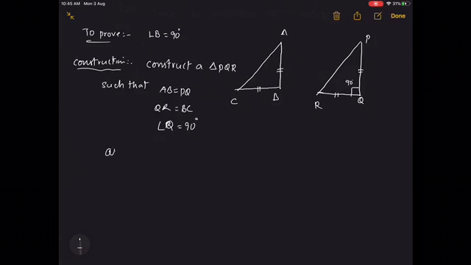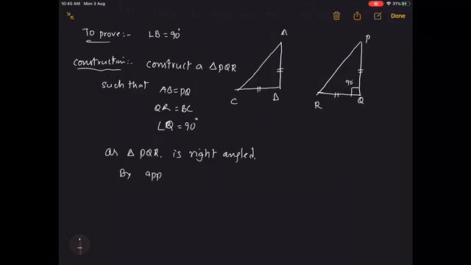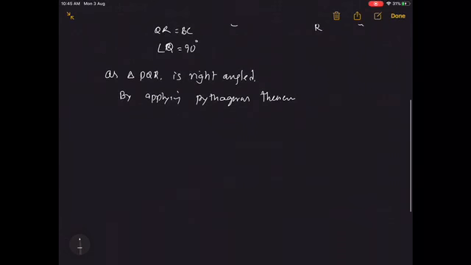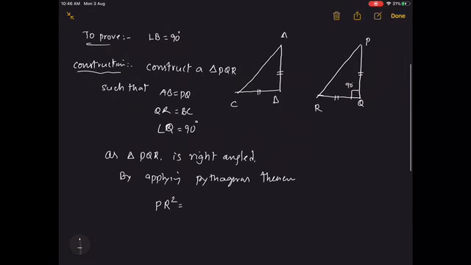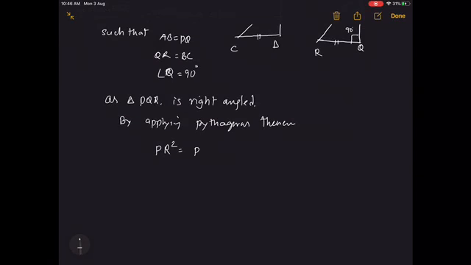As triangle PQR is right angled, we can apply Pythagoras theorem. So what will happen if you apply? The longest side is PR, so PR square is equal to PQ square plus QR square.